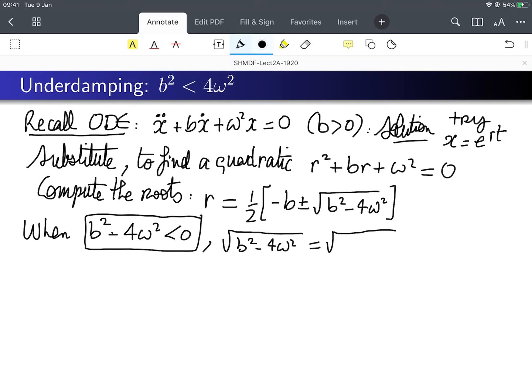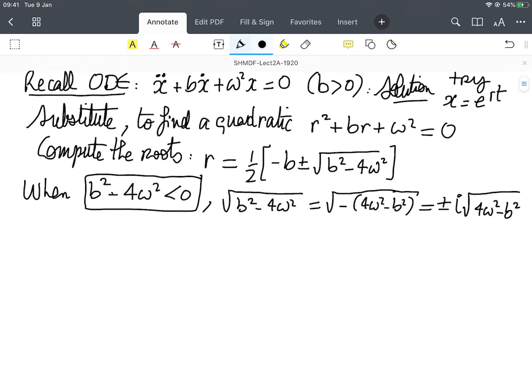It's going to be minus b plus or minus the square root of minus (b squared minus 4 omega squared). Now that bracketed term is positive, and so you can see it's going to be plus or minus i square root of 4 omega squared minus b squared. At the moment, it's all very general. Don't worry, we'll do an example really soon with numbers, and you will see how it reads.